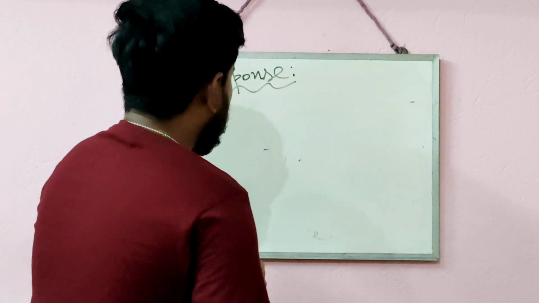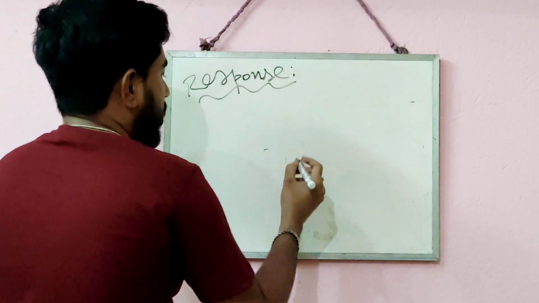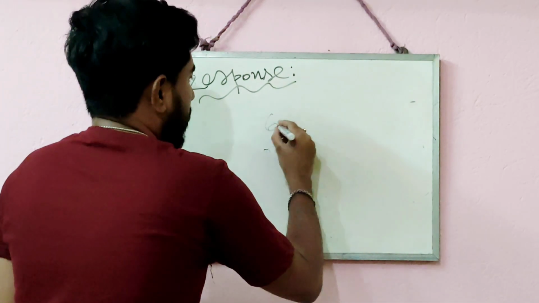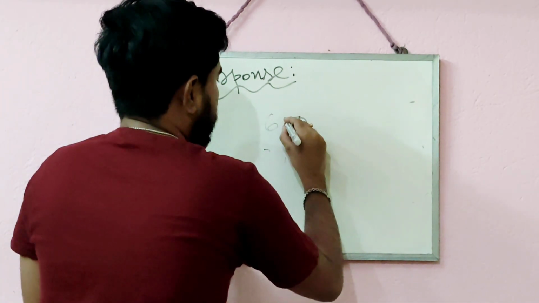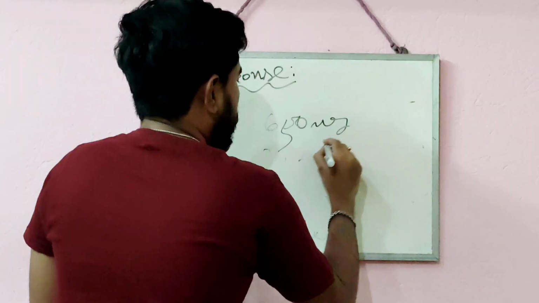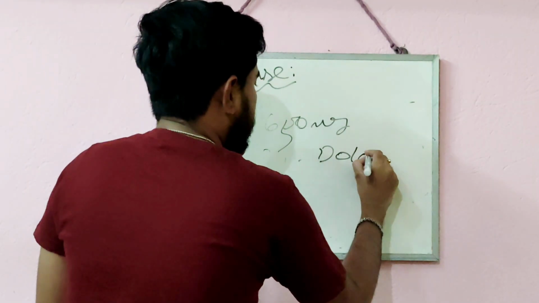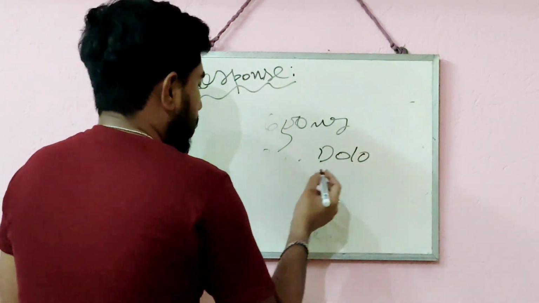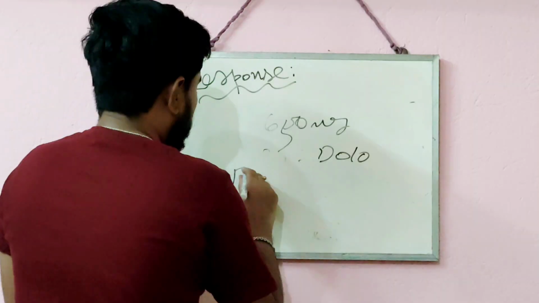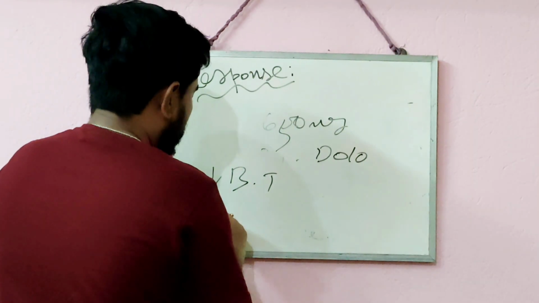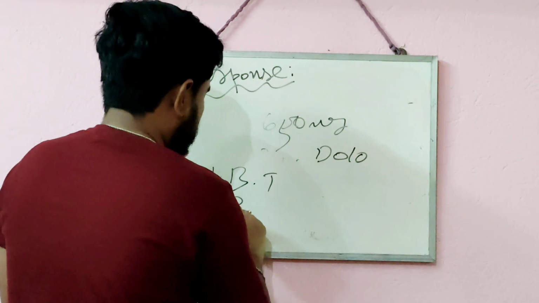So response is an effect that is given by the drug. For example, you are taking 650 mg of Dolo. It is decreasing your body temperature to overcome fever.